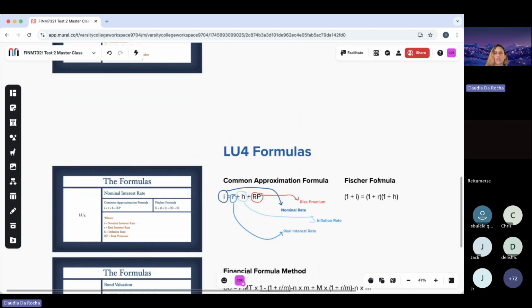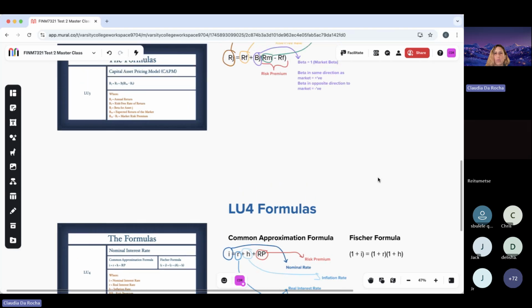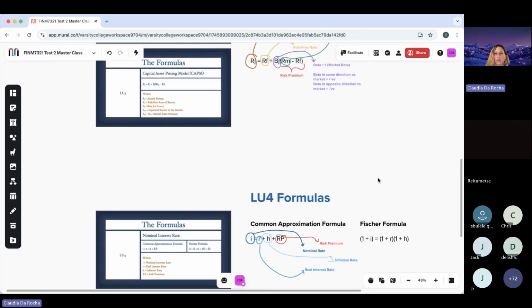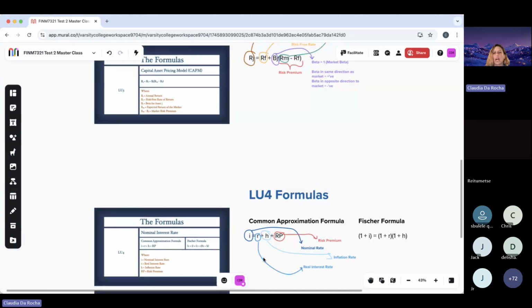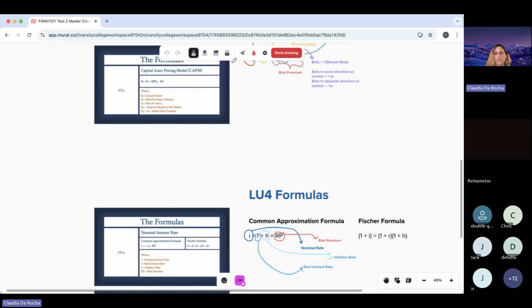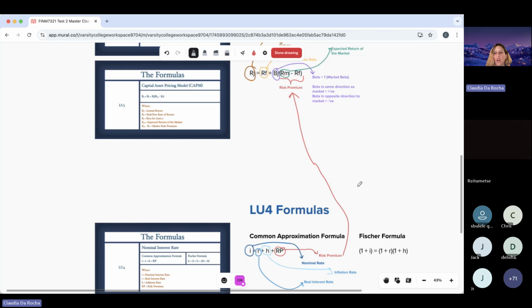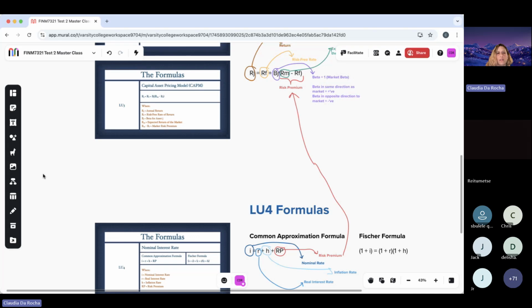Okay, if we look at our common approximation formula and our CAPM, there are similarities, in case you were wondering or wanted to understand the link. Your RM minus RF is the same as the risk premium here.